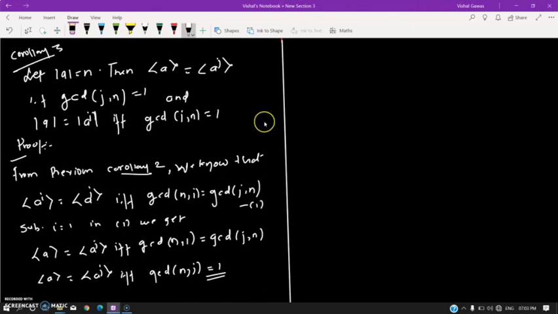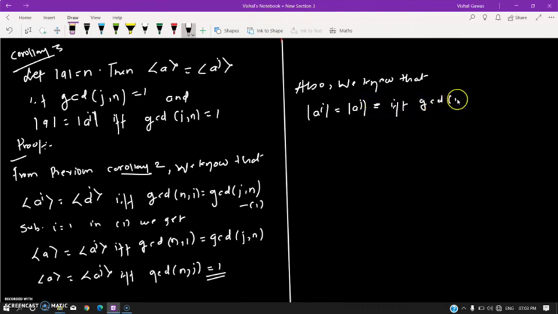For the second part, we do the same thing. We know that the order of A raised to I is the same as the order of A raised to J if and only if GCD of I with n is the same as GCD of J with n. Therefore, taking I equal to 1, we name this as 2.